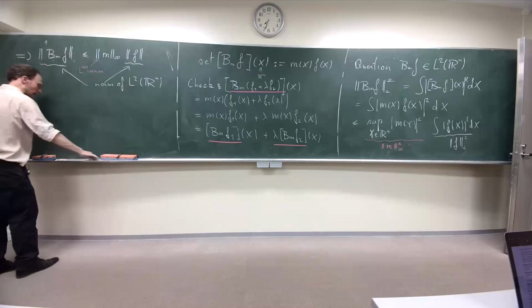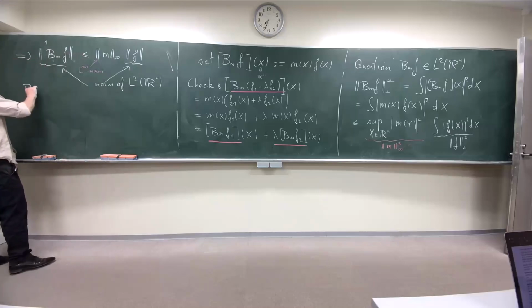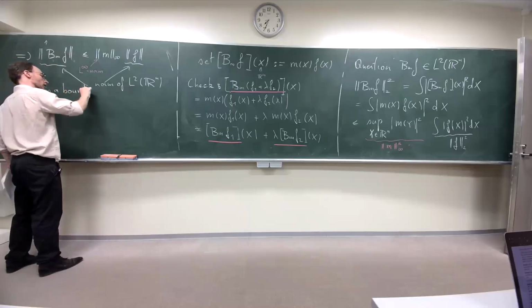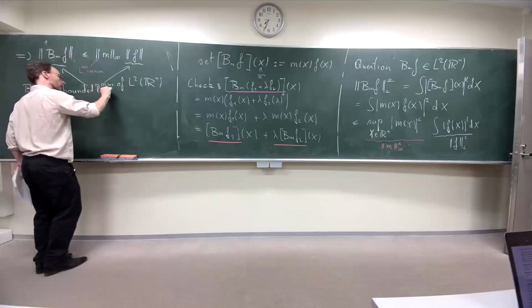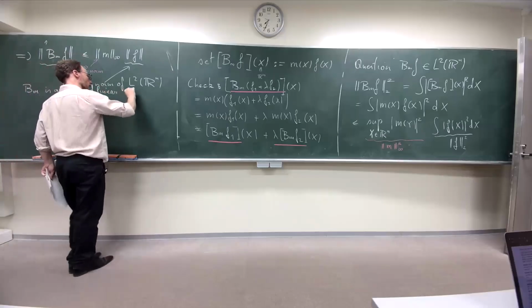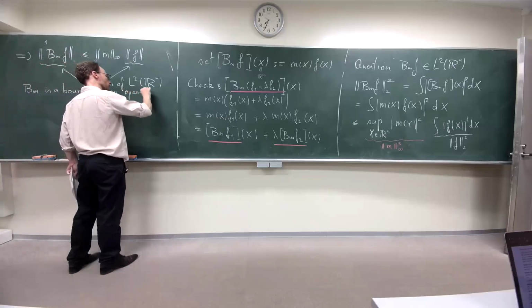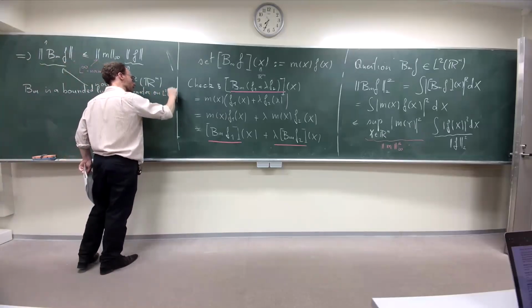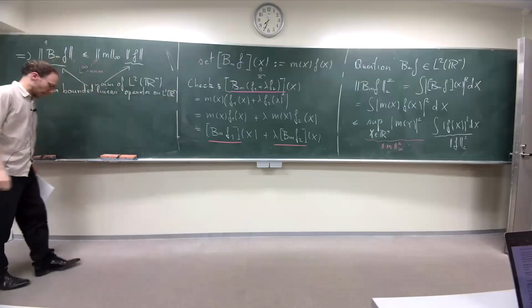So it means B_M is a bounded linear operator on L2 of Rn. And it has a name.